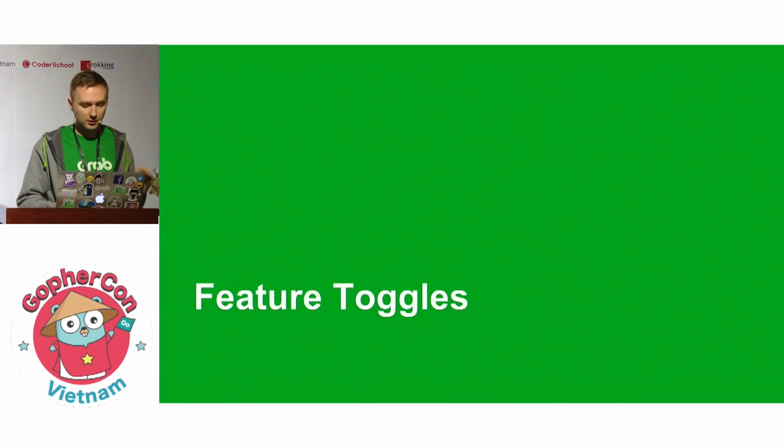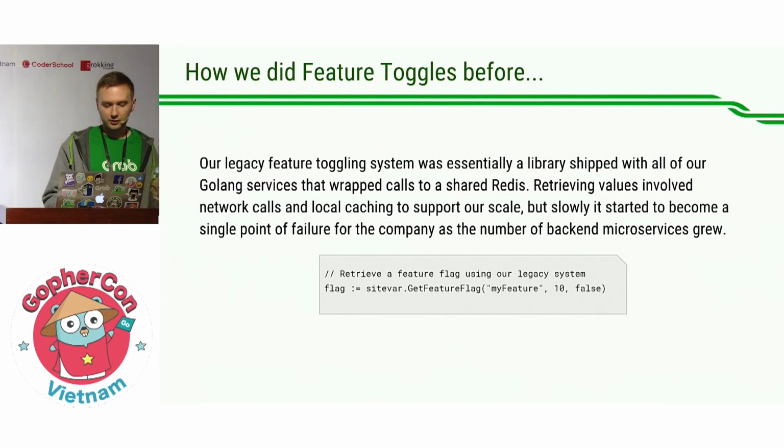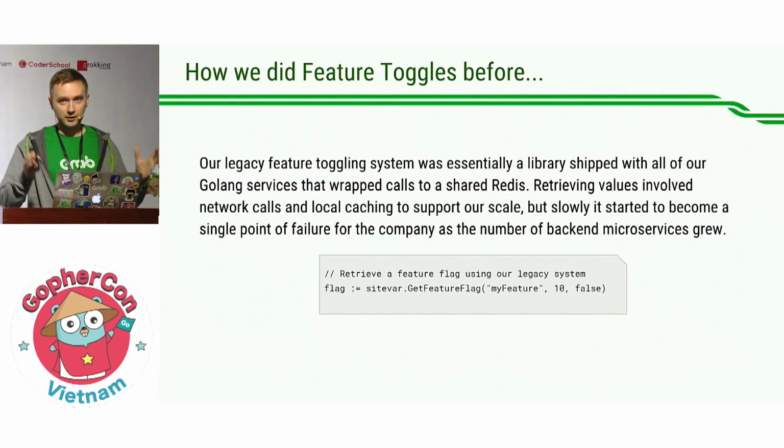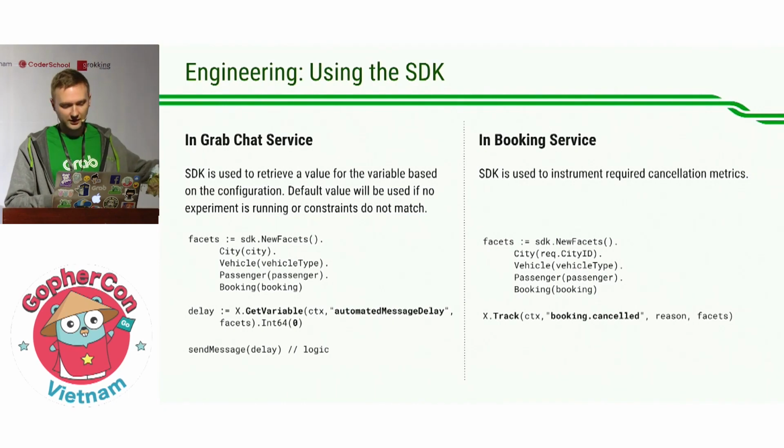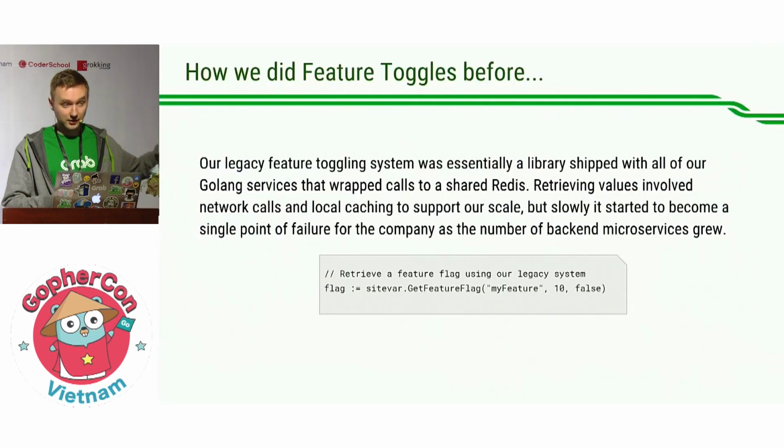So to reiterate, why did we even bother having this context, this weird thing with the facets? Well, we had a feature toggle system. We used to call it sidevar. I think it was inspired by Facebook, if I remember well. And it was static. It was, this is my feature, here's my default value, some numbers.